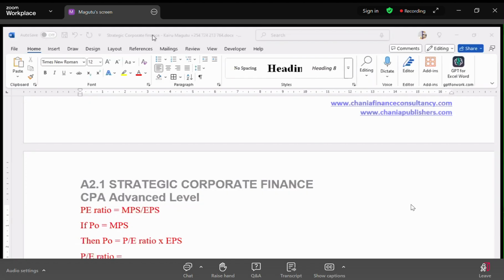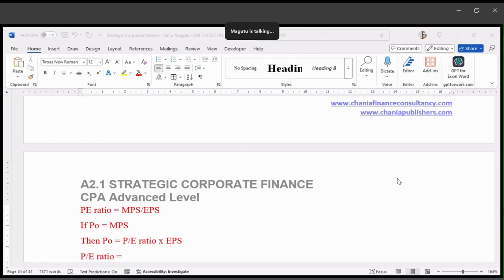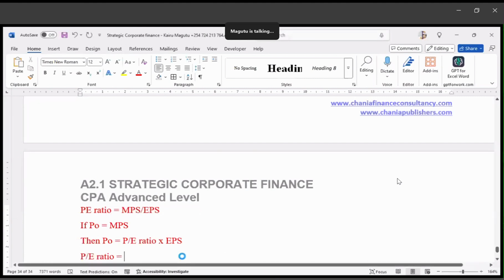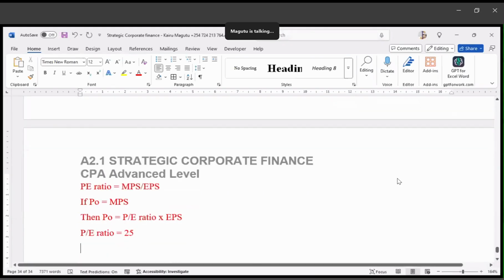When I check on this question, we are not given the price earnings ratio for Nyabugogo Limited, but in note number 1, the sector price earnings ratio for chemicals and waste disposal companies is 25:1. So it is 25. We have it at 25.